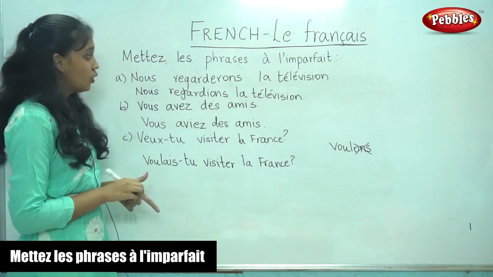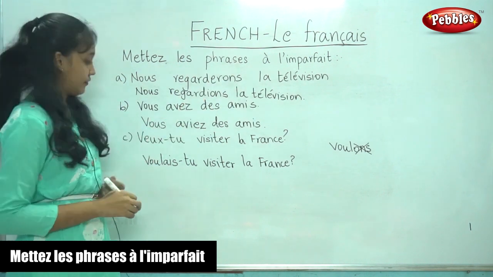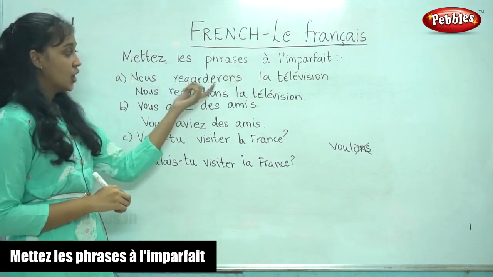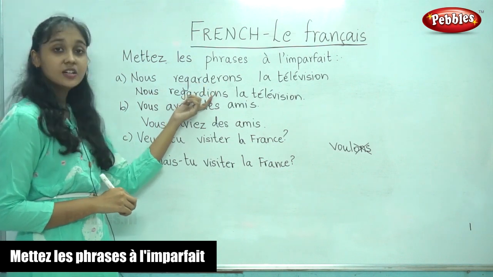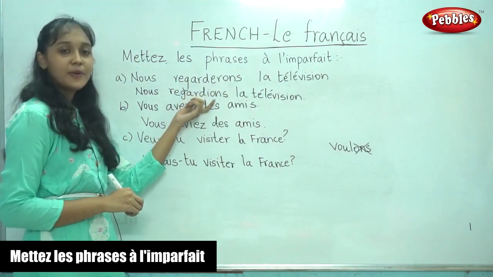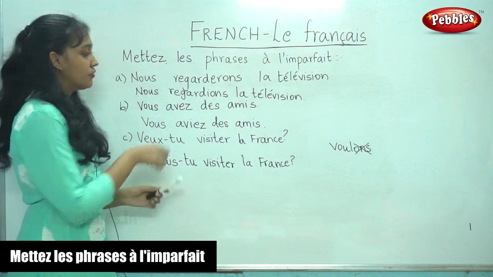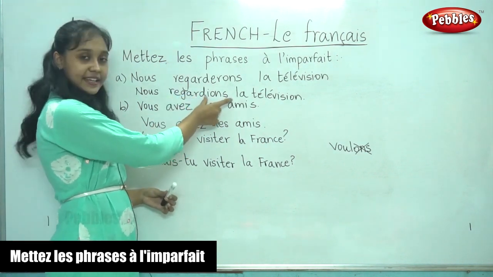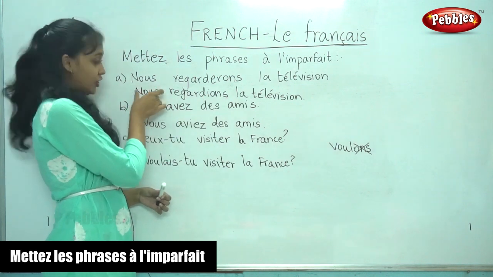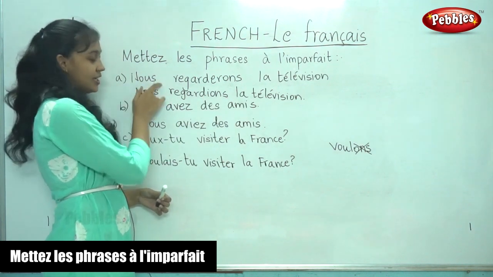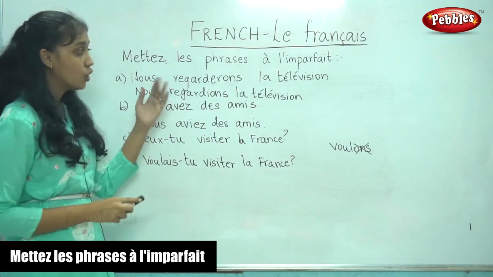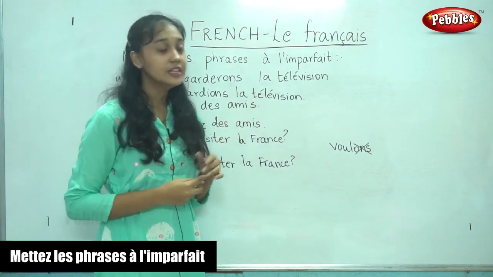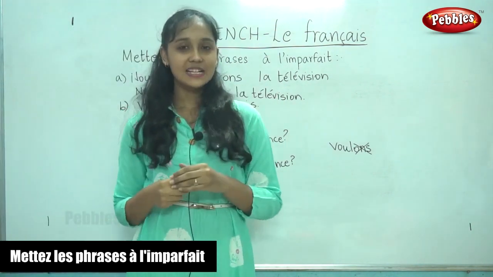So this is how we write the imparfait. We just replace the verb with the imperfect conjugation. We find the stem and the endings. The endings we write in agreement with the subject pronoun. So I hope you have understood the use of the imperfect or the past continuous.